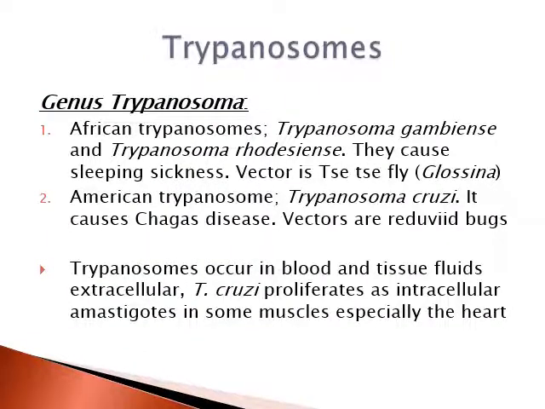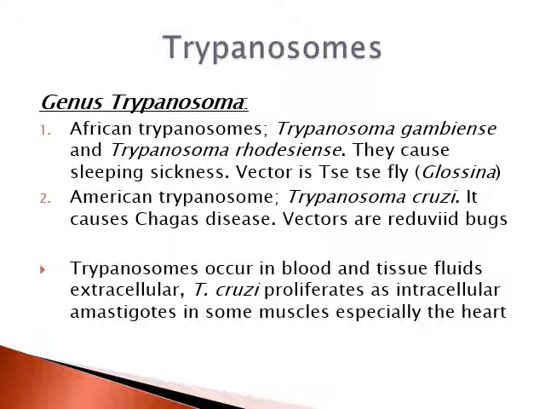Now we come to trypanosomes. Genus Trypanosoma is divided into two main categories, African trypanosomes and American trypanosomes. African trypanosomes are either Trypanosoma gambiense or Trypanosoma rhodesiense.